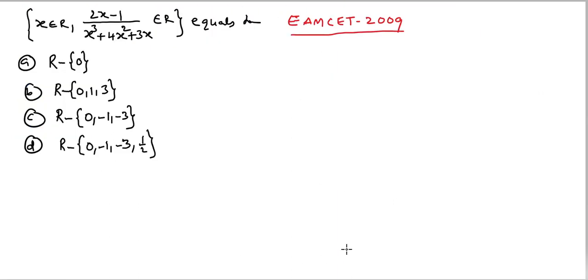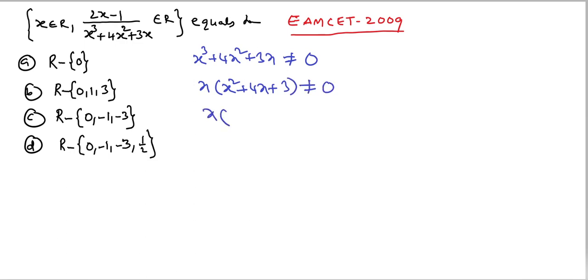x belongs to R. 2x minus 1 by x cube plus 4x square plus 3x, x belongs to R equal to. Now we find the domain for this. For this denominator not equal to 0. That is, denominator is x cube plus 4x square plus 3x not equal to 0. That is, x into x square plus 4x plus 3 not equal to 0.